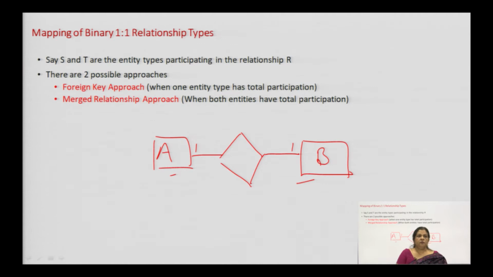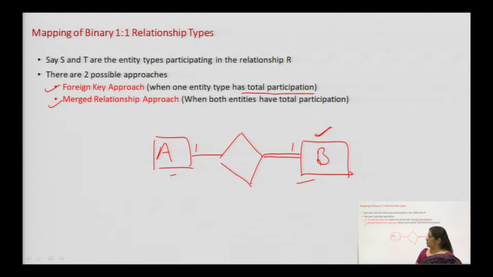Now, when we need to map a binary 1:1 relationship, then we have two ways of doing it. A foreign key approach, when one of the participating entity types has a total participation. A total participation means that all the instances of B which has a total participation, shown by a double line, will participate in this relationship type.